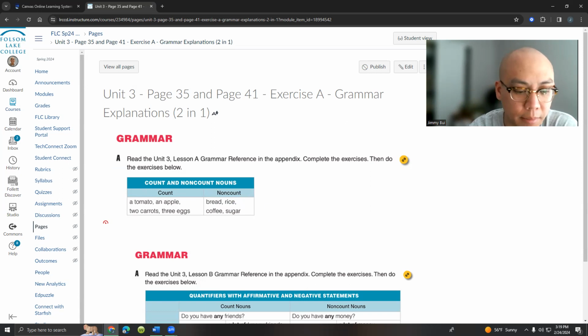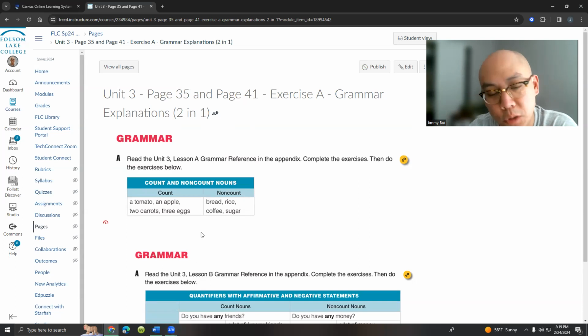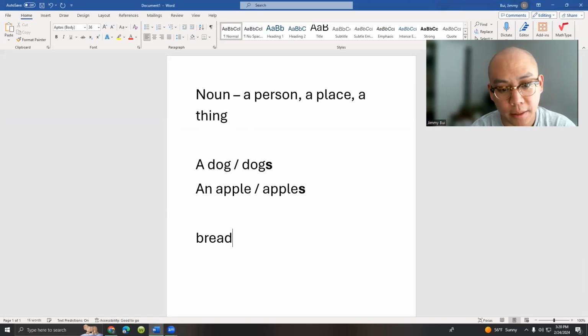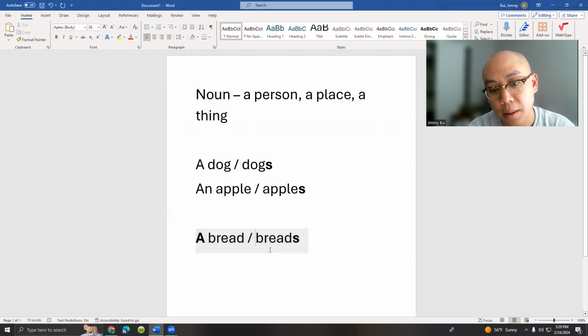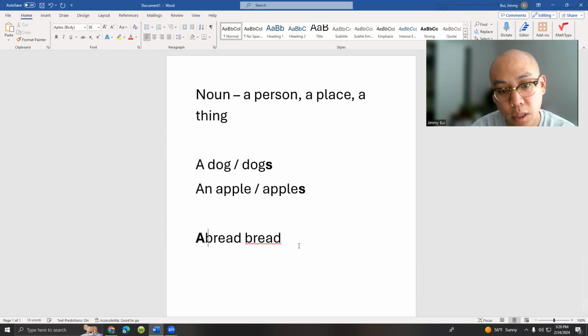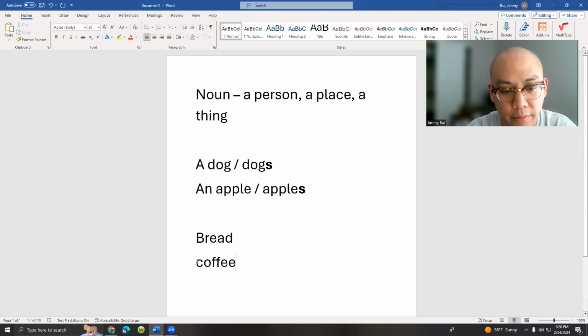Of course, these are kitchen goods or foods and drinks that we eat and drink, but it does apply to things that are not foods. And I'll share some examples. Okay, when we have bread, we don't say a bread or breads. Well, there are times and ways we use it, but in the sense of just the word bread itself or coffee, and I'll explain this a little later in the video.